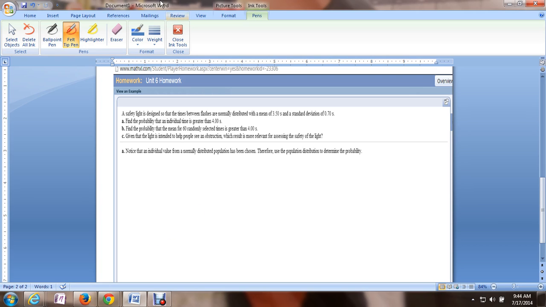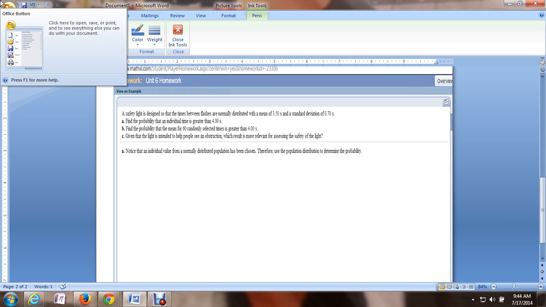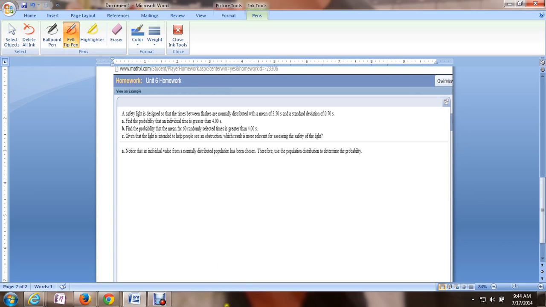What the problem tells you is that there is a safety light which is designed so that the times between flashes are normally distributed with a mean of 3.5 seconds and a standard deviation of 0.7.